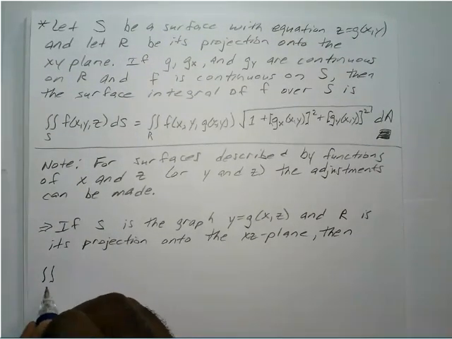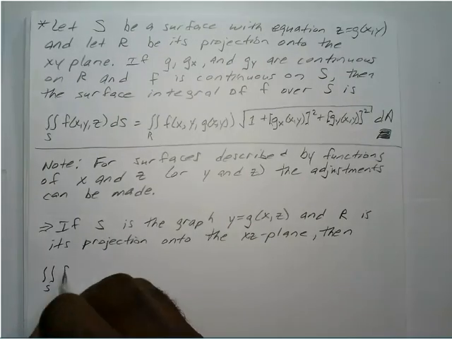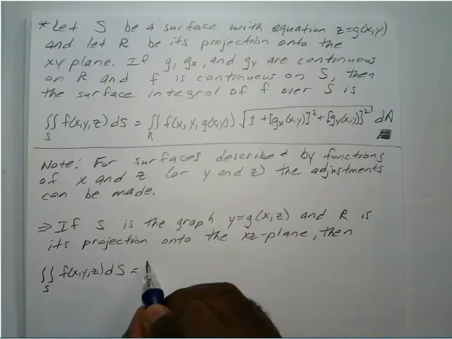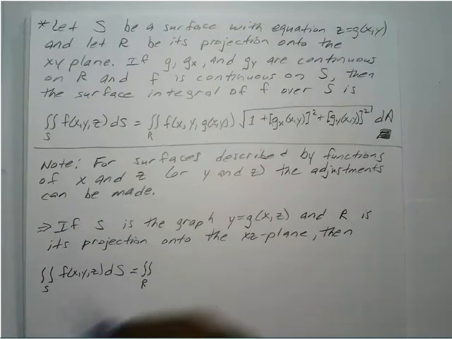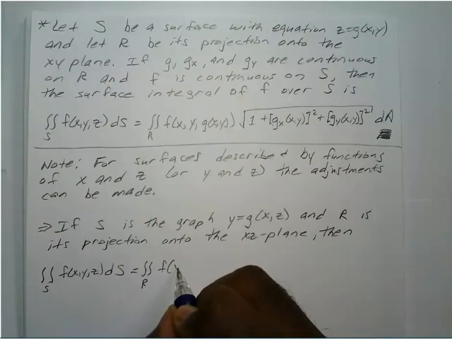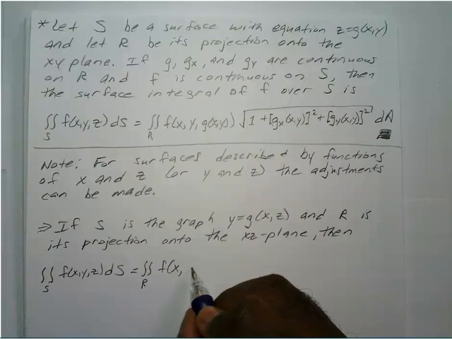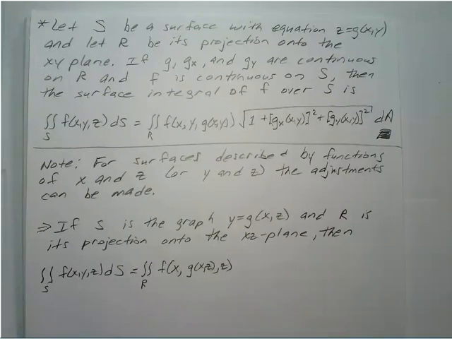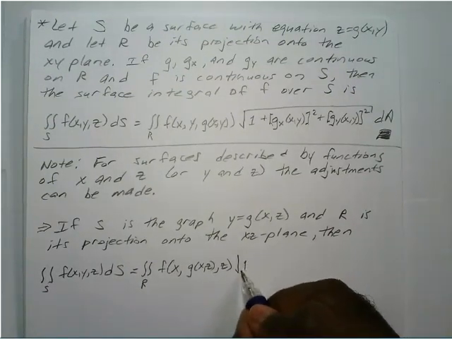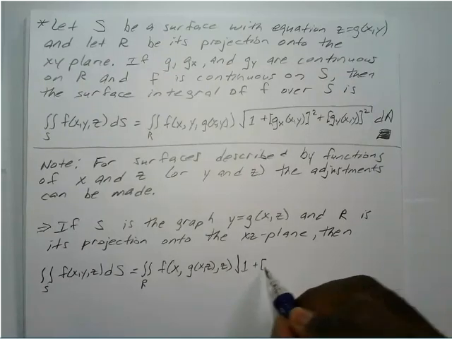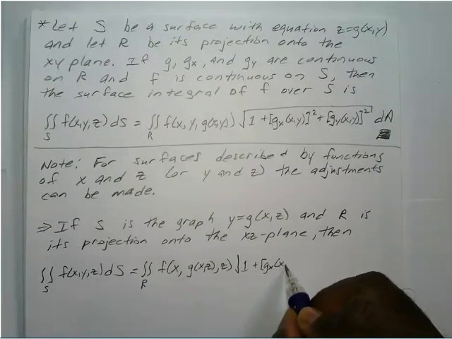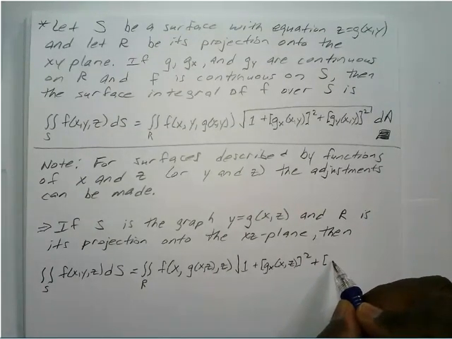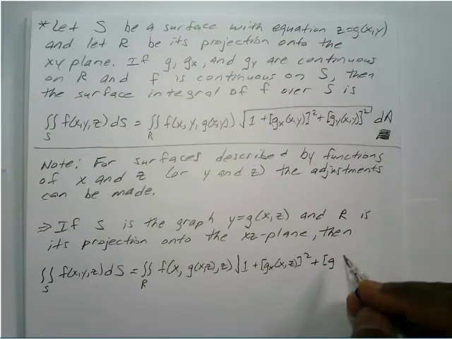Okay, so that means you have the double integral of f of x, y, z with respect to S equals the double integral over the region of f of x, and instead of y, you're going to put g of x, z, z times the square root of 1 plus the partial of g with respect to x squared plus the partial of g with respect to z squared.